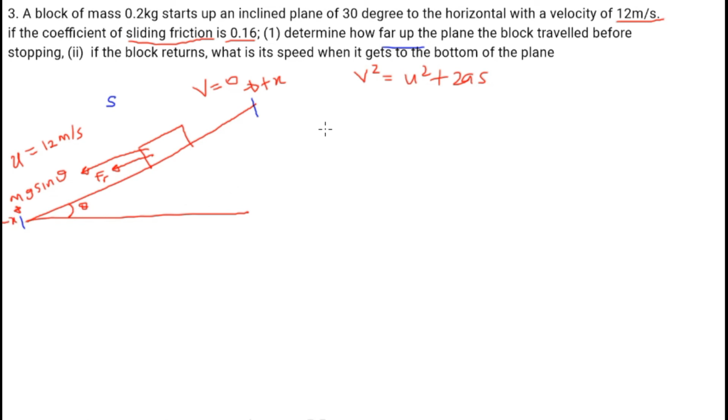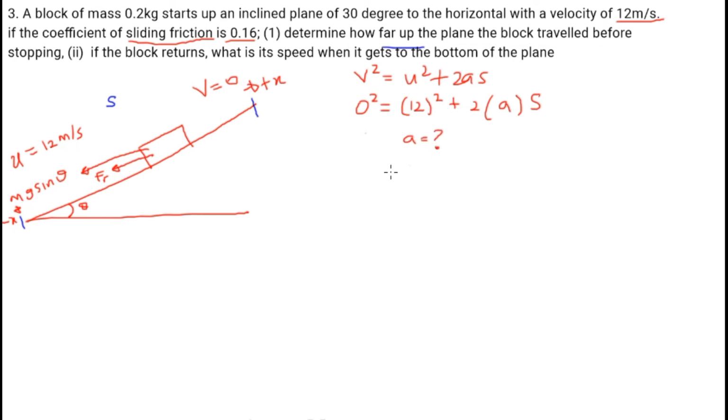So v squared, since the object moves upward and v is 0, we have 0 squared equal to u squared plus 2as. In this case we don't know a yet, because we are yet to find the acceleration with which the object moves up the inclined plane. We are looking for s. I think it would be right to find the acceleration.